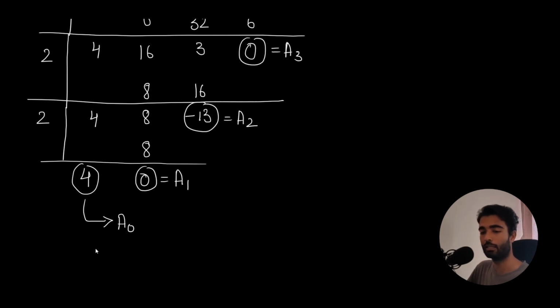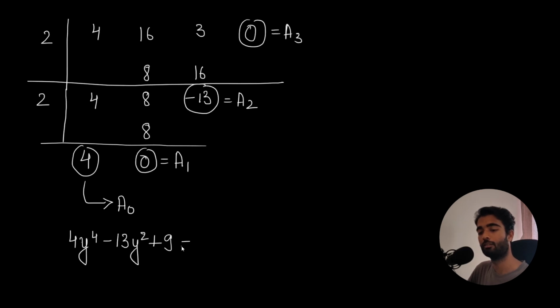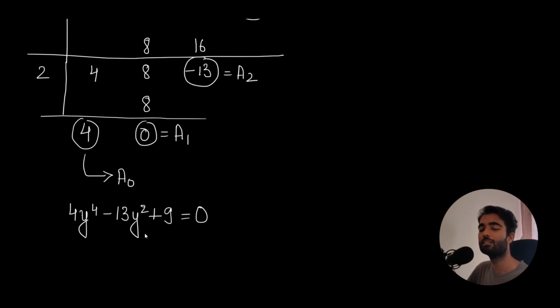So we obtain that the equation is actually going to be 4y to the power 4 plus no a1 term, so we go to the y squared term, and then we see that there is no a3 term, that is, there is no y term. So simply minus 9 equals 0.